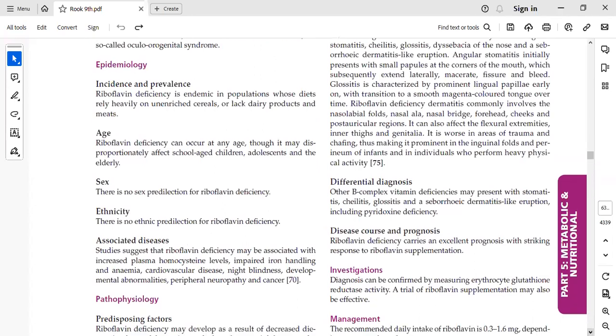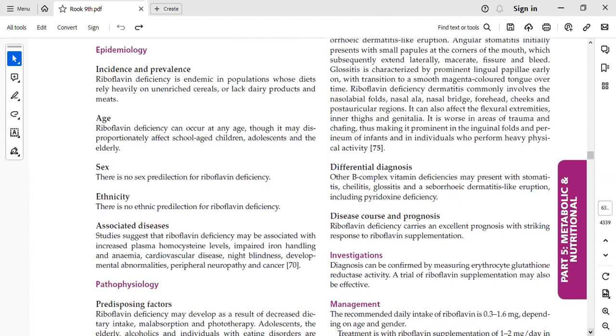Again, there is no age, sex, or ethnic predilection in riboflavin deficiency. The associated diseases include increased plasma homocysteine levels, impaired iron handling and anemia, cardiovascular disease, night blindness, developmental abnormalities, peripheral neuropathy, and even malignancy.